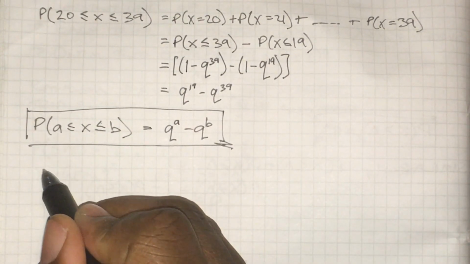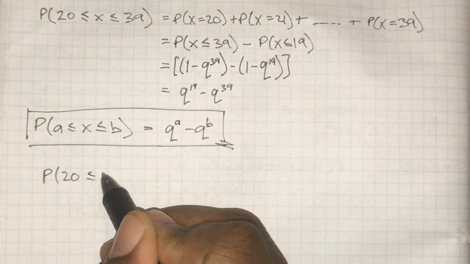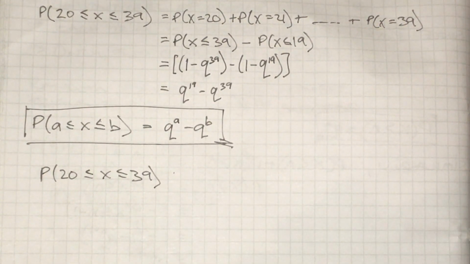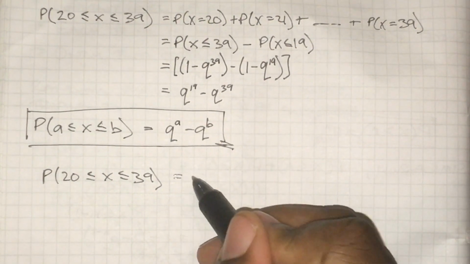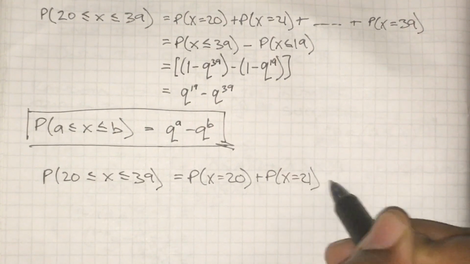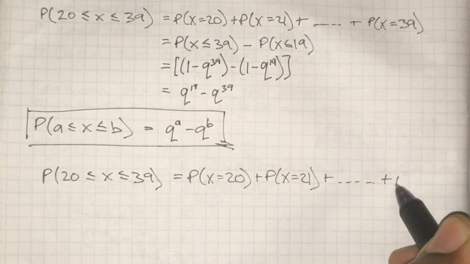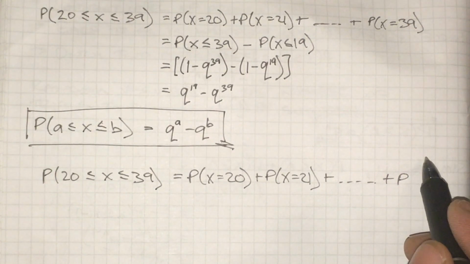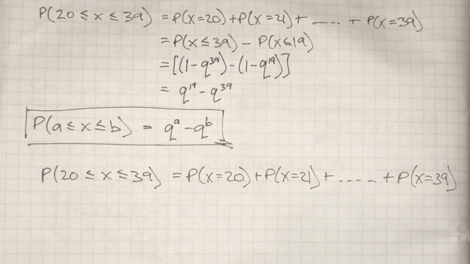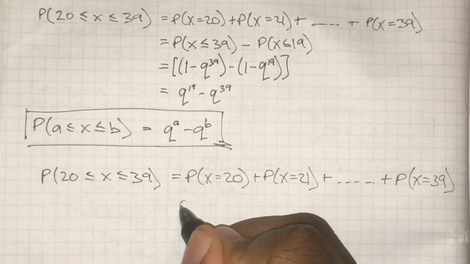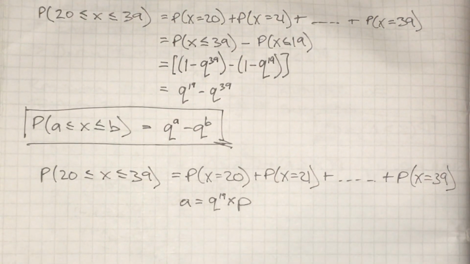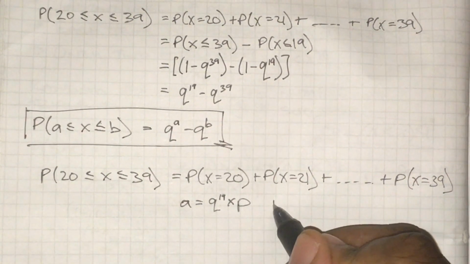Okay, even with that said, I hope you can see that actually we could have made use of a geometric sequence to try and sum the probabilities that we have here. So once again, the probability that x equals 20 plus probability x equals 21 all the way up to x equals 39. Well, since we're already happy that we have a geometric sequence, we just need to define A and R. So A would be the first probability statement within this sequence.